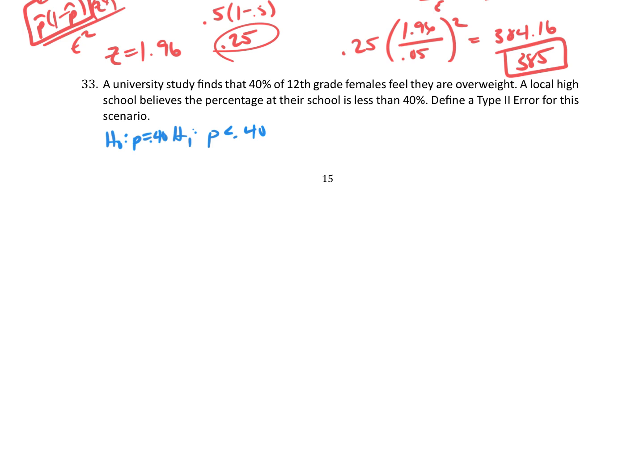What is a type 2 error? It's rejecting when it's true, right? Yeah, it's the backwards. It's the false. Fail to reject H0 when H1 is true. So specifically, we would fail to reject H0 when the true proportion is less than 40%.